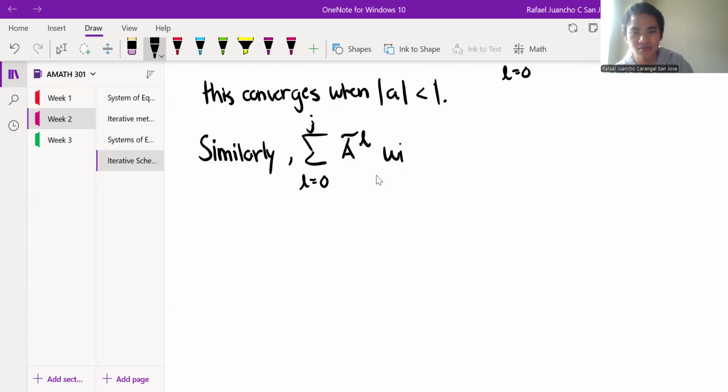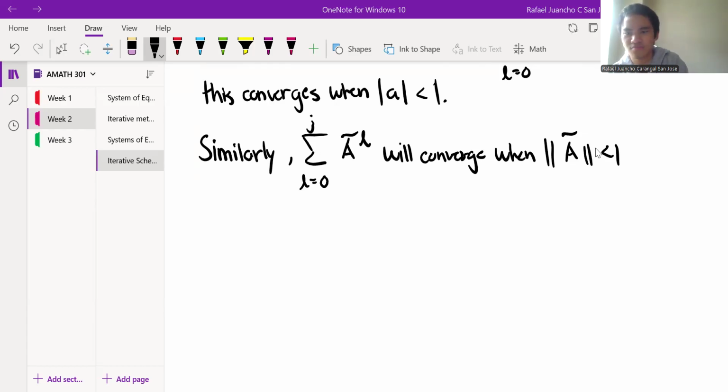It will converge, just like a geometric series, when my norm of A tilde is less than 1. What do I mean by norm? We actually call this a matrix norm, so it's the norm of a matrix.